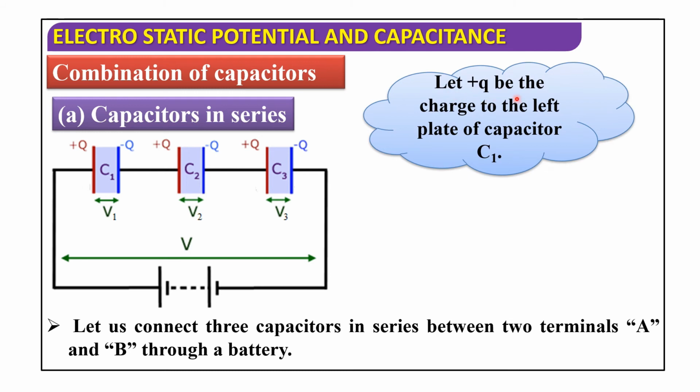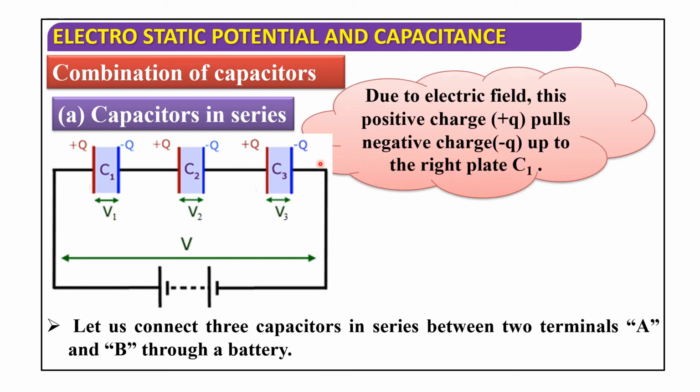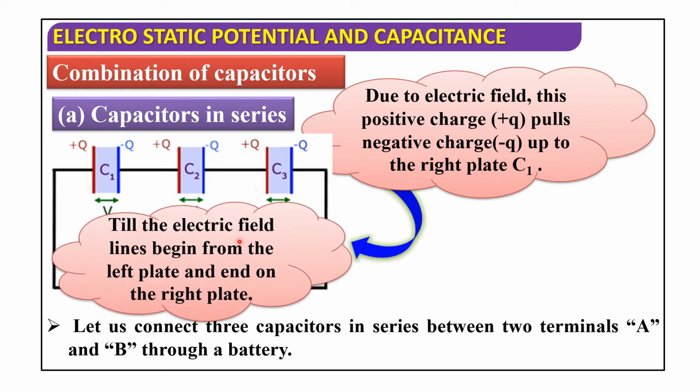Now, let Q be the charge on the left plate of the capacitor C1. See, this is the Q charge. Due to the electric field, this positive charge pulls negative charge up to the right plate of capacitor C1, till the electric field lines begin from the left plate and end on the right plate.